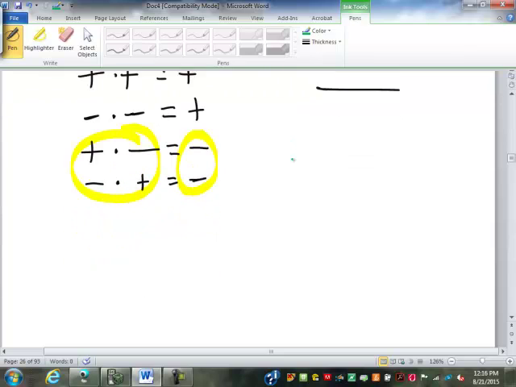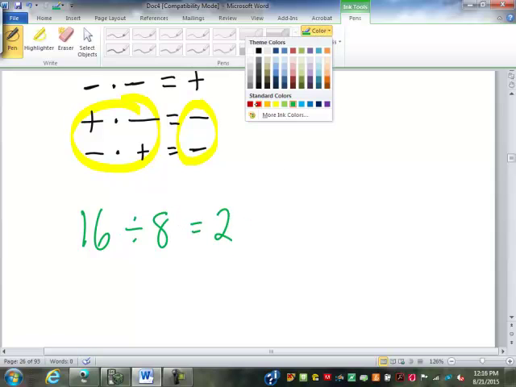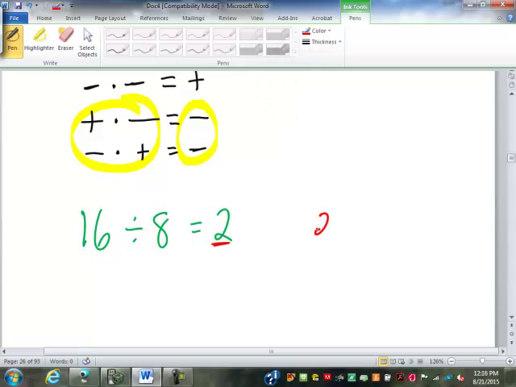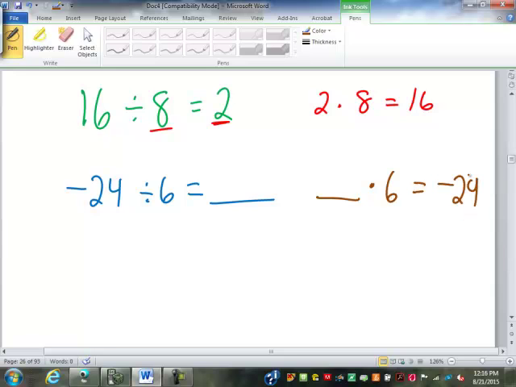For division, well, if we look at the definition of division, 16 divided by 8, of course, equals 2. But that is defined by the statement that 2 times 8 equals 16. We have to work it backwards. So using that definition of division, if I have a negative 24 divided by 6, to find out what that has to equal, we're asking what times 6 equals a negative 24.